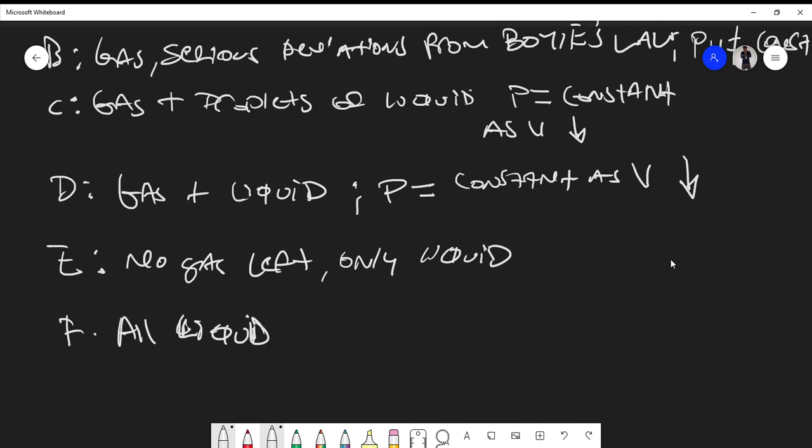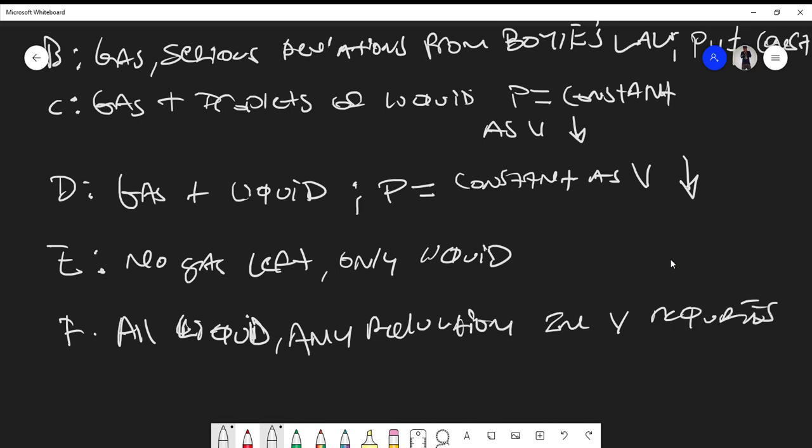And in fact, any reduction in volume V actually requires an enormous increase in pressure. In other words, the steep slope of the curve.